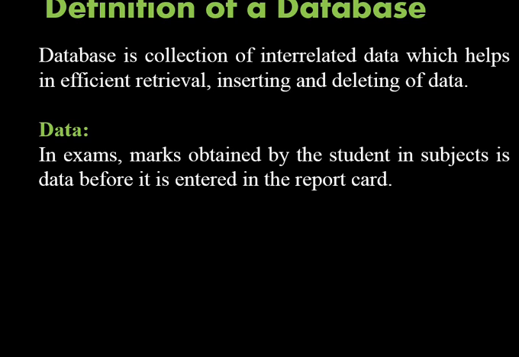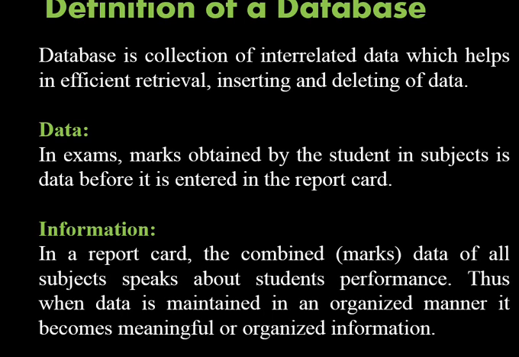For example, 1 plus 2. So 1 plus 2 is the data, but after processing 1 plus 2 you will get a result 3. So 3 is the information. It means data is a raw fact or raw material. Then what is information? In a report card, the combined marks data of all subjects speaks about student performance, and thus when data is maintained in an organized manner it becomes meaningful or organized information.